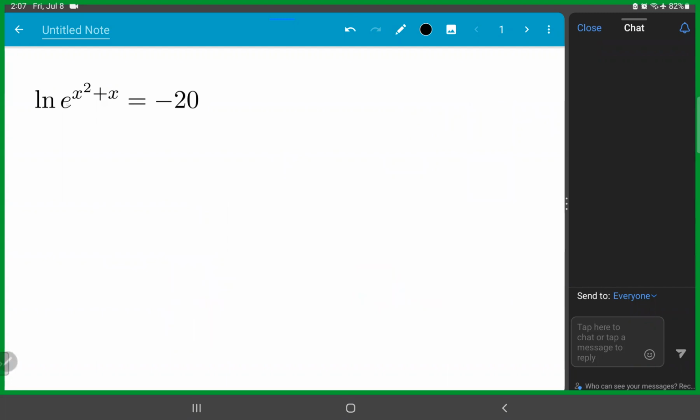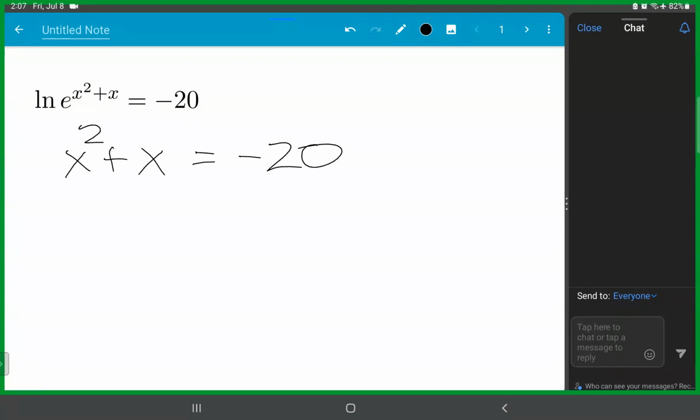So we can say that the exponential e is cancelled by the logarithmic e, so that the left-hand side just becomes x squared plus x, the exponent. So this is just a quadratic equation.